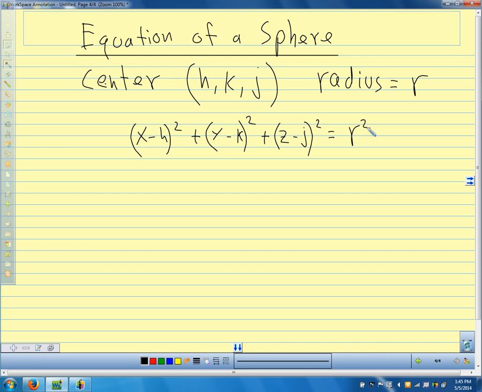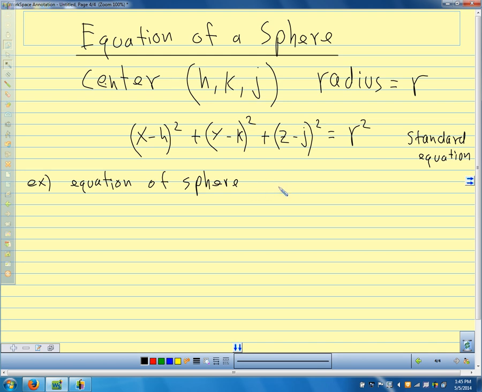So let's look at a couple of examples having to do with a sphere. Let's start with an easy one. And this is the standard equation, by the way. For this example, we want the equation of our sphere. This is very easy, hopefully.